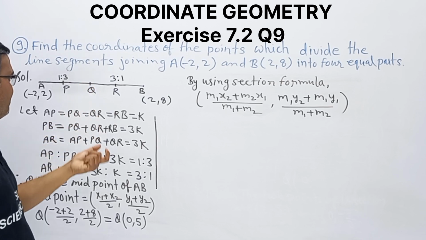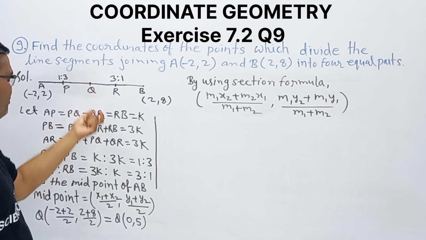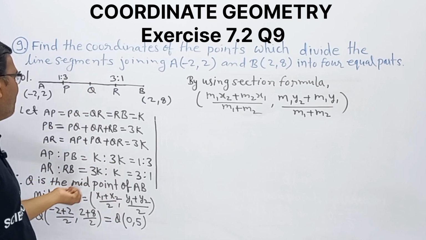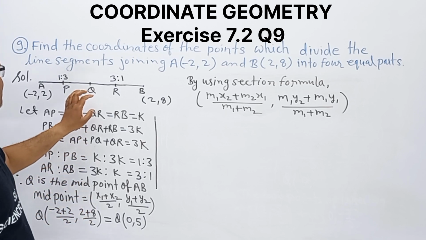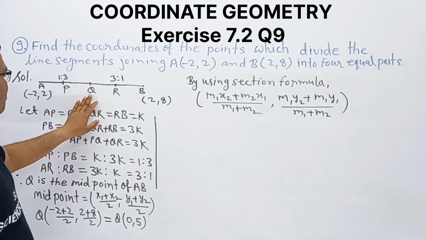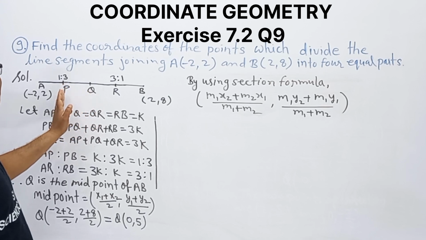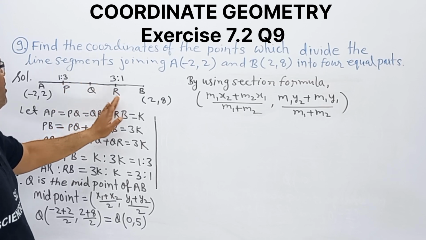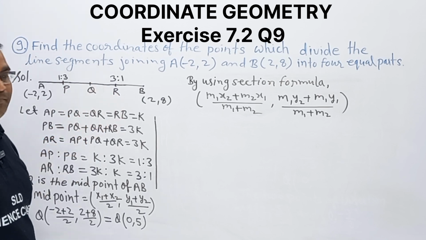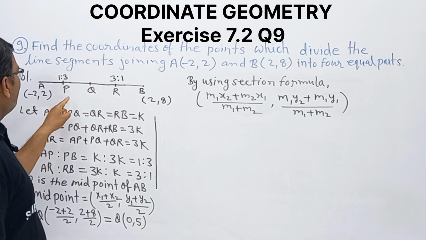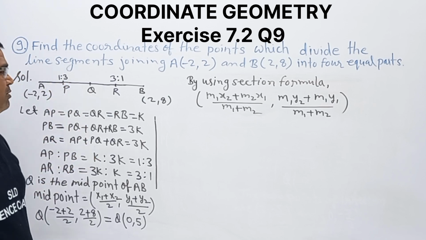We obtained its coordinates by using the midpoint formula. Clear? Simple. Now we have 2 points remaining, P and R. So observe, what will P's ratio be?